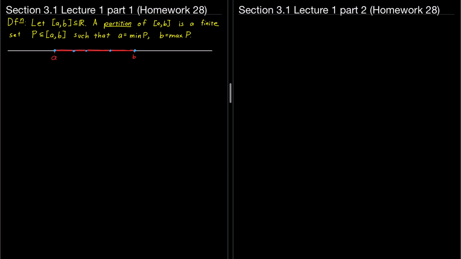So another little bit of notation. We let P contain n plus 1 points, so it contains some number of points. We just let n be the number of little intervals here, which means it's one less than the number of points, and we name them xj in order.